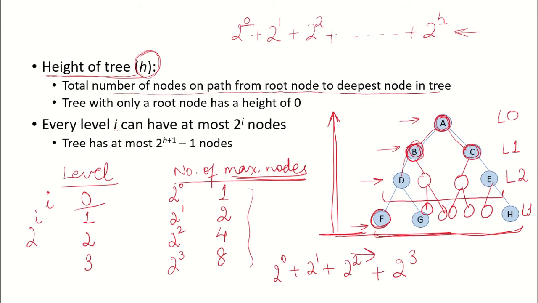So if you know the formula for the summation of a geometric progression, you will come up with this number: 2 to the power of h plus 1 minus 1. So this depicts the maximum number of nodes that can be in a binary tree of height h.